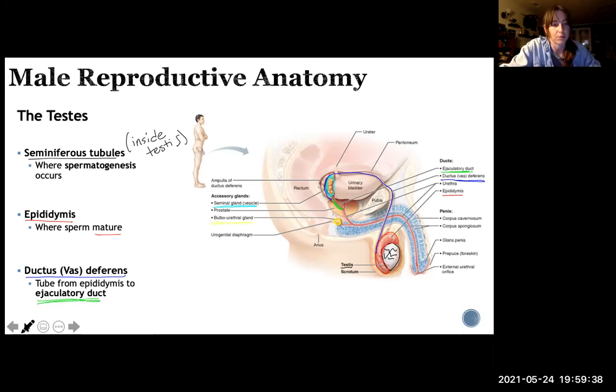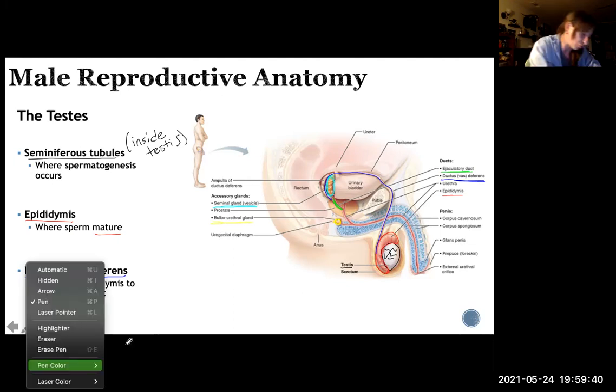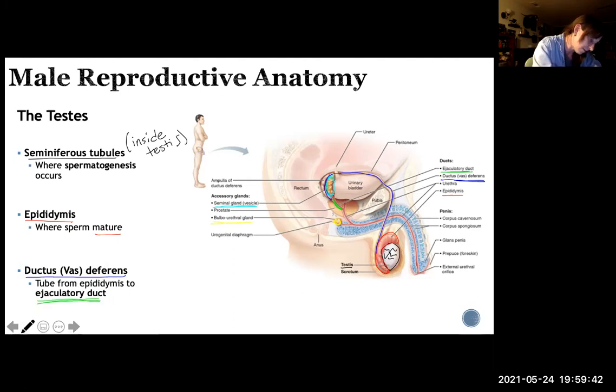The prostate gland, which also contributes to semen, is up there. You can see the ureter, which leads to the kidneys, right? And the bladder.